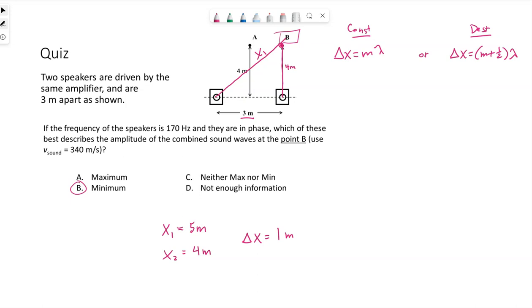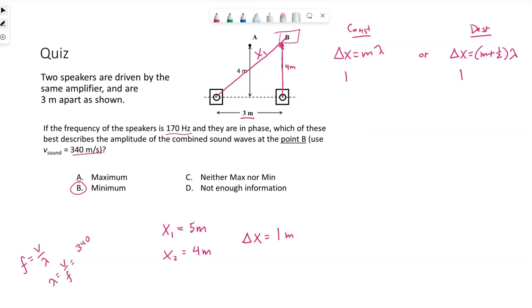And so that's what we're going to plug in for delta X in both of these situations. The wavelength we need to calculate because they give us frequency and the speed of sound. We know frequency is speed over wavelength, which means wavelength is speed over frequency.